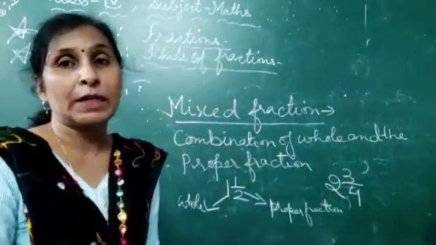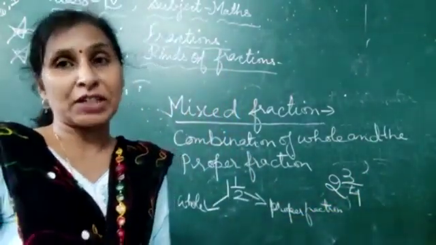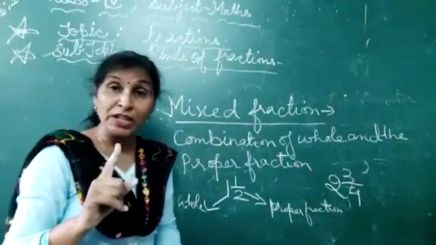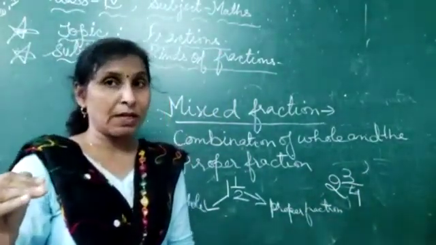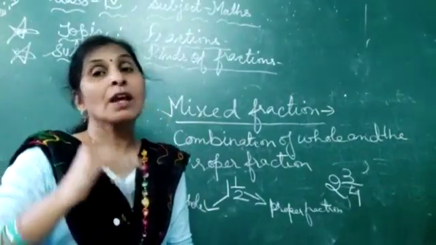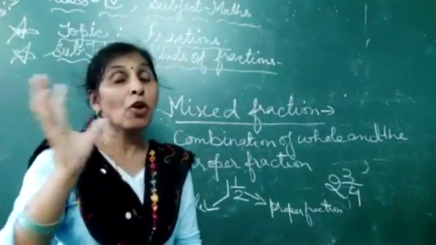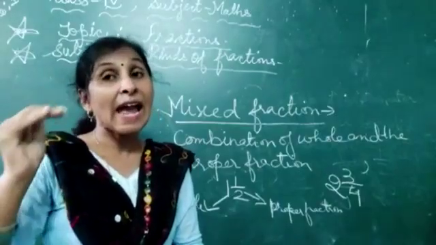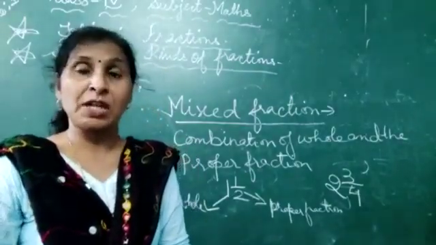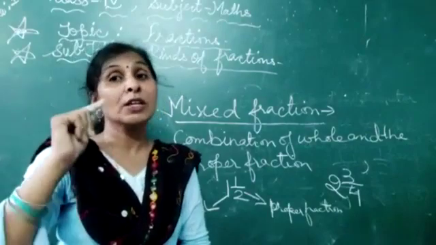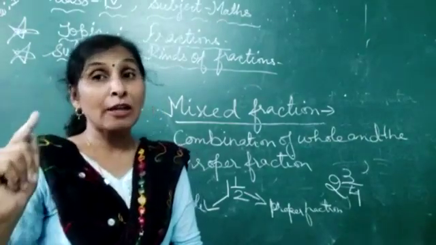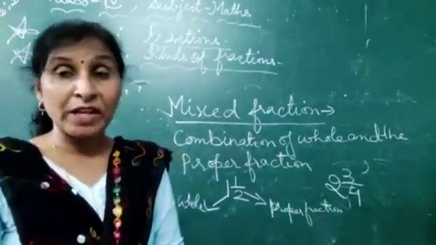Now all of you understand all these fractions. Like fraction, same denominator. Unlike fraction, different denominator. Mixed fraction, the combination of whole and the proper fraction. Unit fraction, the numerator is always equal to 1.